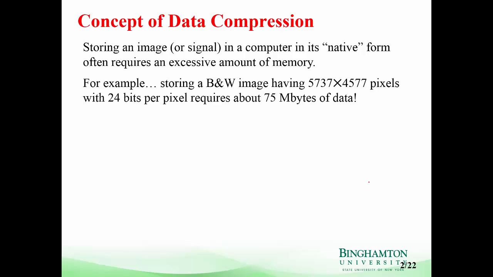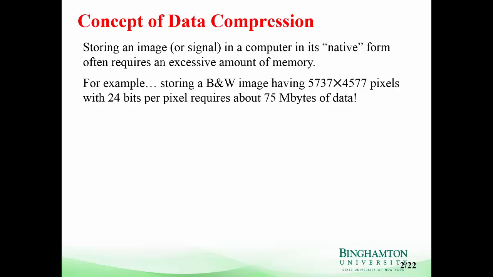So here's a particular example for a particular black and white image. It actually had 24 bits per pixel, so 2 to the 24th. That's an awful lot of different gray scales, much more than the simple 256 gray scales.